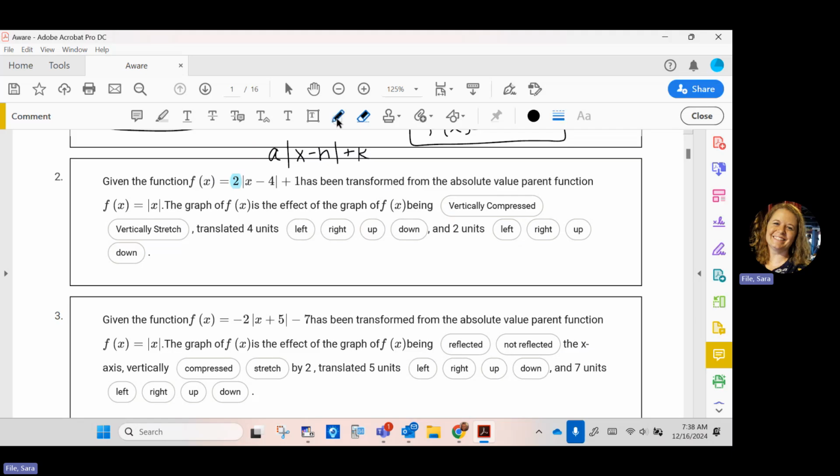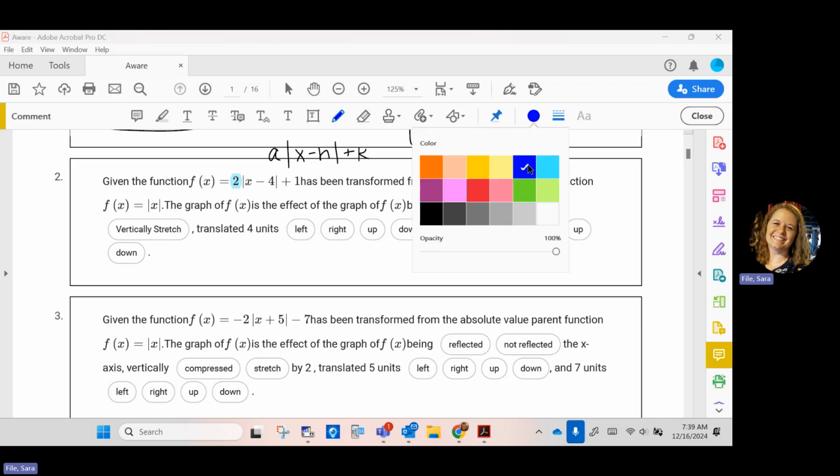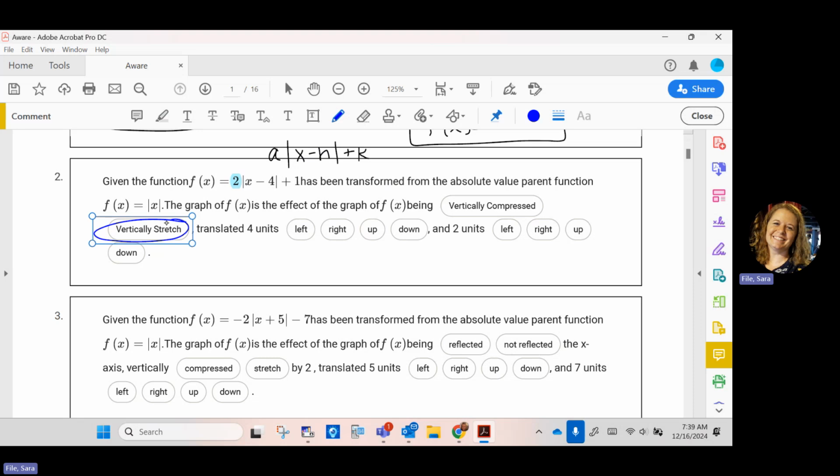The A outside is your vertical stretch or compression. If A is anything other than 1, you have to remember that it's going to be vertically stretched or compressed. If it is greater than 1, which 2 is greater than 1, then you have a vertical stretch. So we are going to circle vertical stretch, and that's because of that 2.